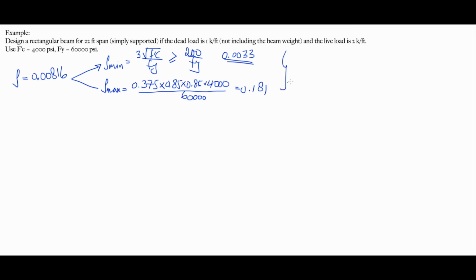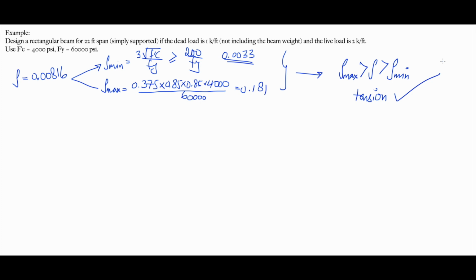And from here we can conclude that rho maximum is greater than rho, and rho is greater than rho minimum. Guess what? That means we are in the tension zone and the beam is ductile. Perfect. This is what we want.